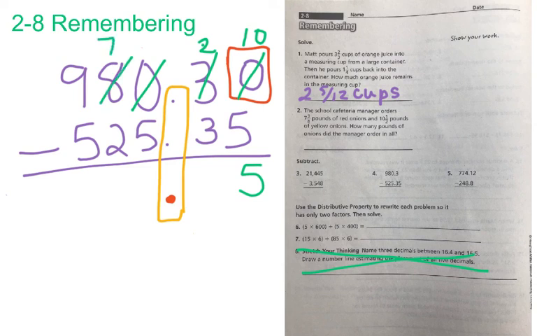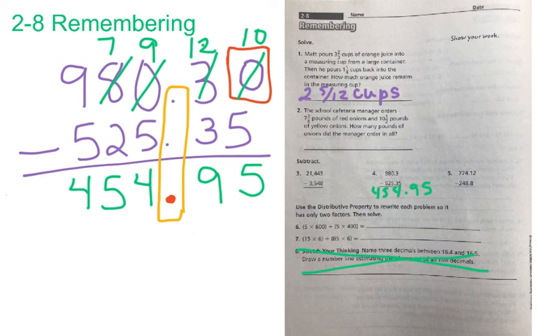That 8 becomes a 7, this would become a 10, and then I would borrow from it, so it's going to become a 9, and the 2 becomes a 12. 12 minus 3 is equal to 9. 9 minus 5 is equal to 4. 7 minus 2 is equal to 5, and 9 minus 5 is equal to 4. So we have 454 and 95 hundredths, or 454.95.